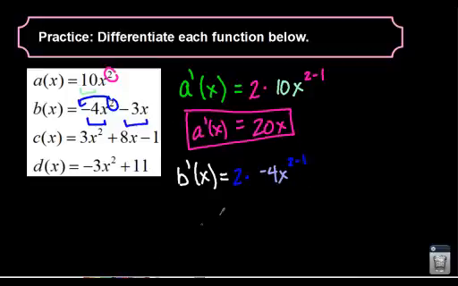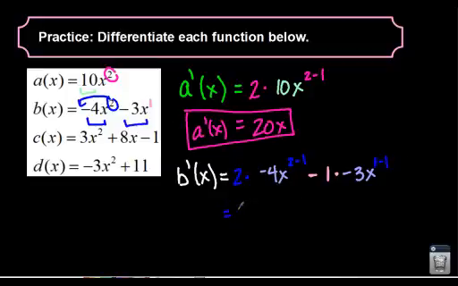Alright, now let's do the second term. Our exponent here, even though it's not written, is 1. So we would say minus 1 times what's already there, which is negative 3x. And now our exponent is 1, and we take away 1.